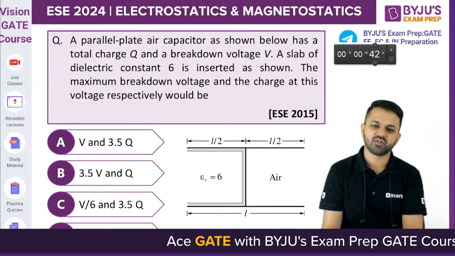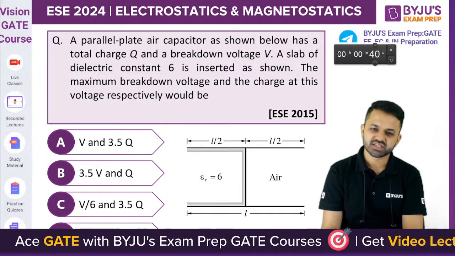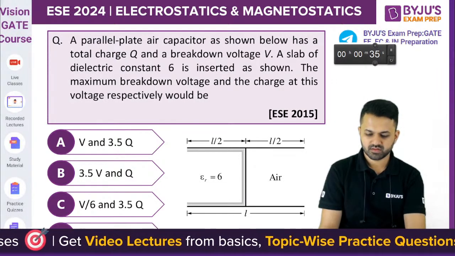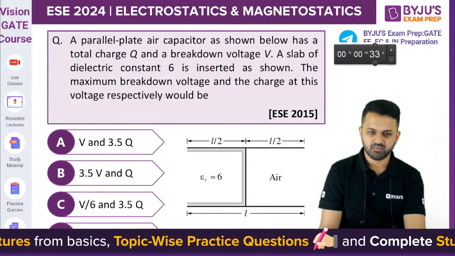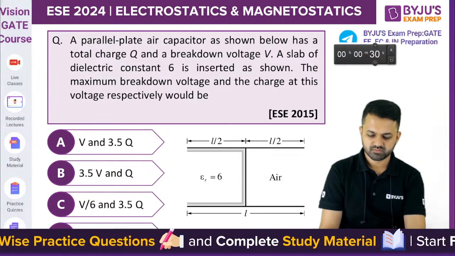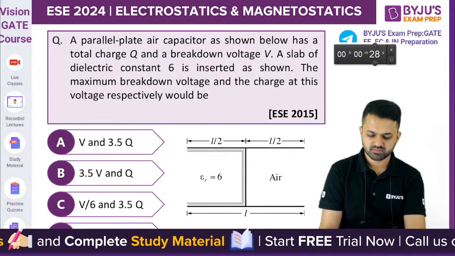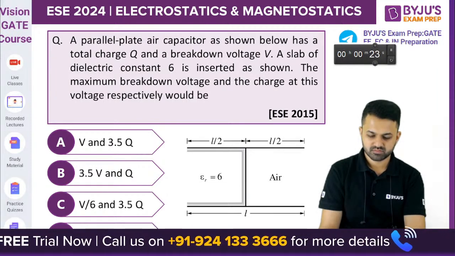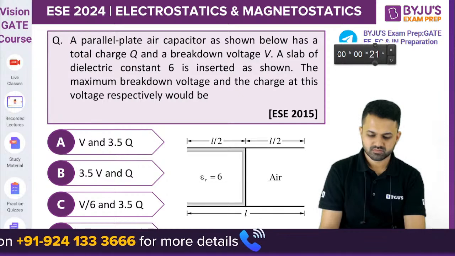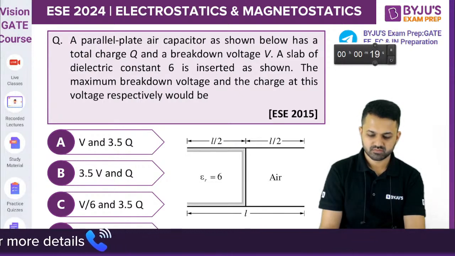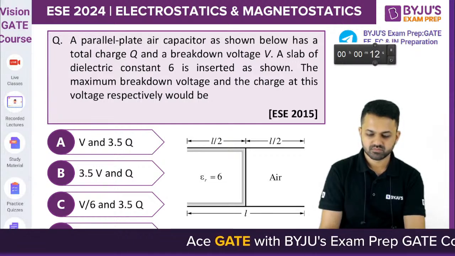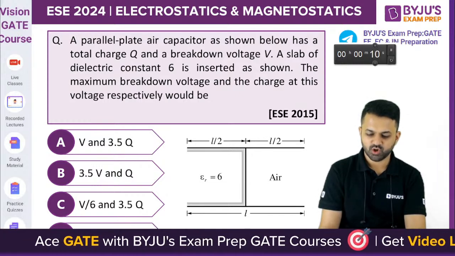The maximum breakdown voltage and the charge at this voltage would be, total charge of Q.